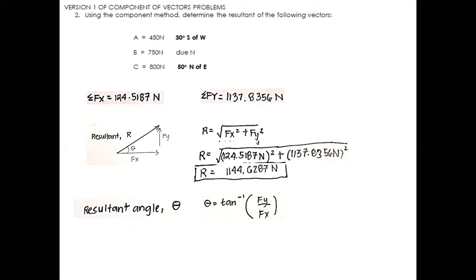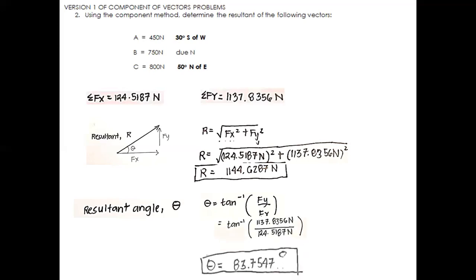So theta is equal to inverse tangent of the summation of vertical forces Fy all over the summation of horizontal forces Fx. Now, substituting the values gives us our final answer for the resultant angle at 84 degrees.